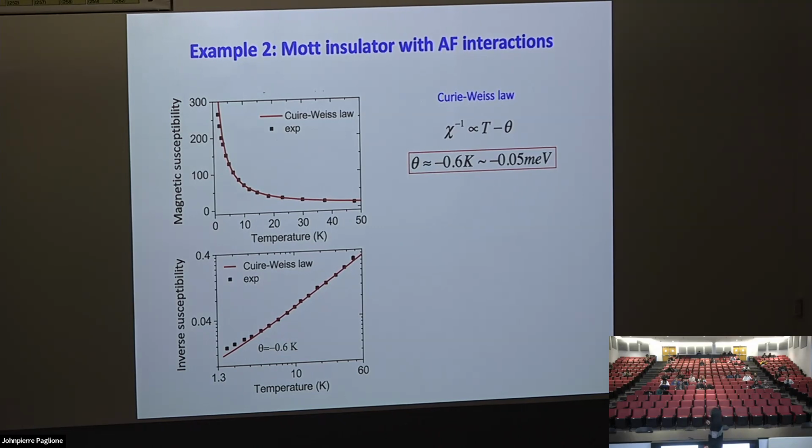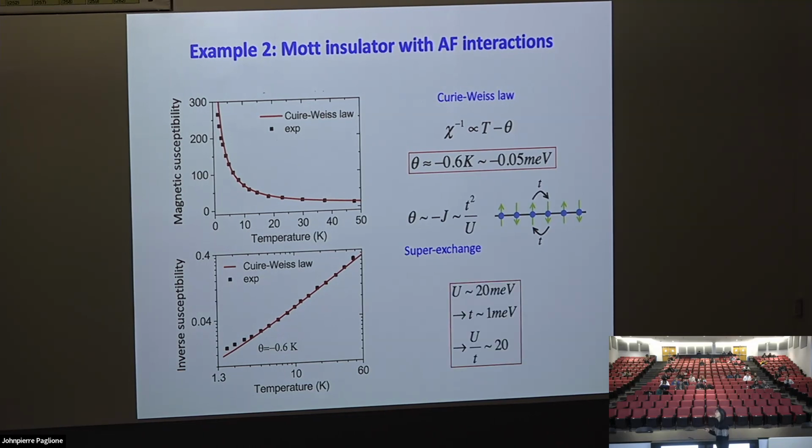The negative sign tells us it's an antiferromagnetic interaction, and this is due to superexchange. You can compare to the Heisenberg model, things like that. We can talk a little bit more if you're interested. Okay, we better stop. So thanks.